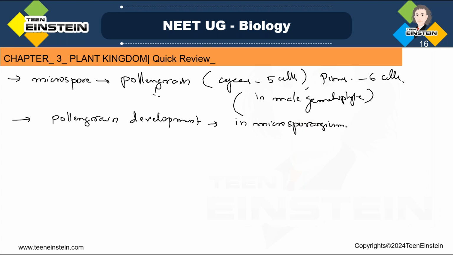Right. Then the cones or strobili bearing clusters of megasporophylls with megasporangia are called what? Megasporangiate cones. Like here we said about the male one, microsporangiate cones, we said like that. Megasporangiate cones or female cones.